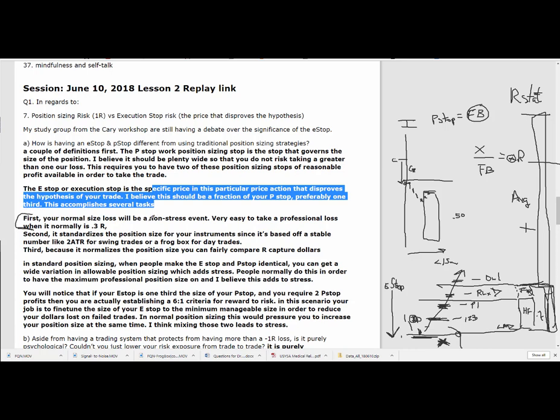First, if your execution stop is like if you're getting in around a 1, 2, 3 or a P1 or the RLXD, normally that's going to be about a 0.3 R of a loss. And you may also decide that if I waited for the owl and this thing started to fail, I may not wait for this price here and get the collapsing dragon.